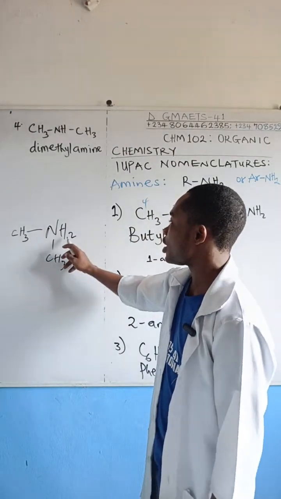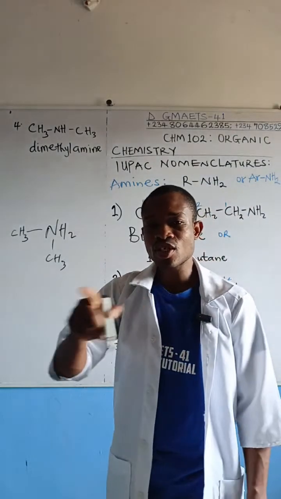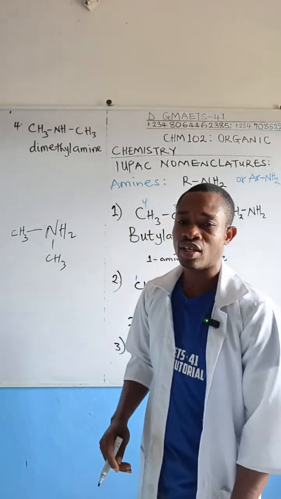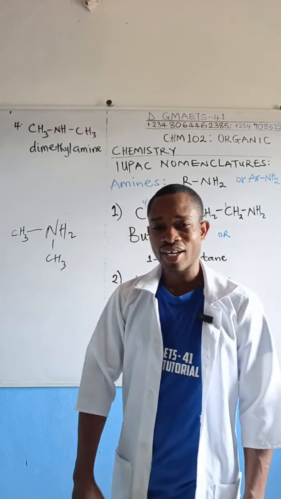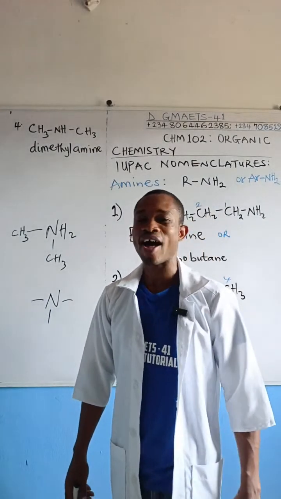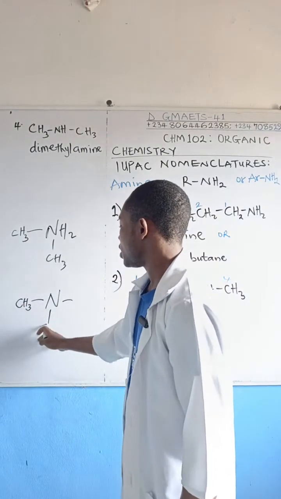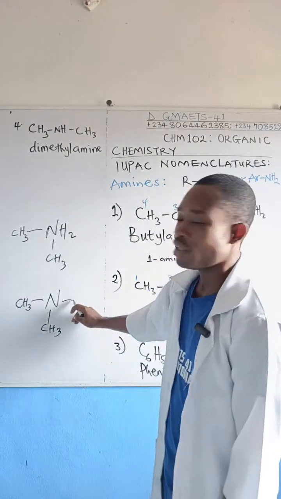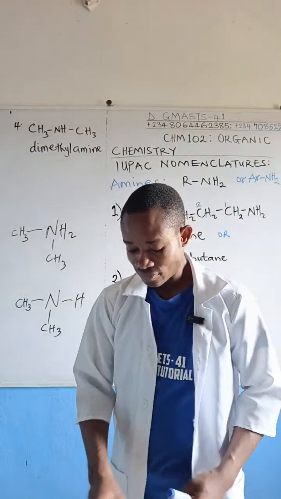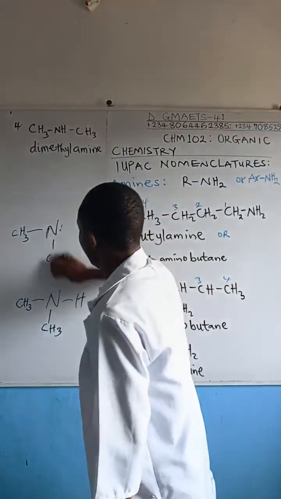How would the person know that the number of hydrogen is 1 on nitrogen? This is because a nitrogen is surrounded by 3 bond lines, not 4 bond lines like you have in carbon. Nitrogen is trivalent. So if I have dimethyl, which is CH3 and CH3, automatically 2 hydrogens can no longer enter. It becomes only 1 hydrogen. All right, we are done with this. Dimethylamine, that's the name of the structure.